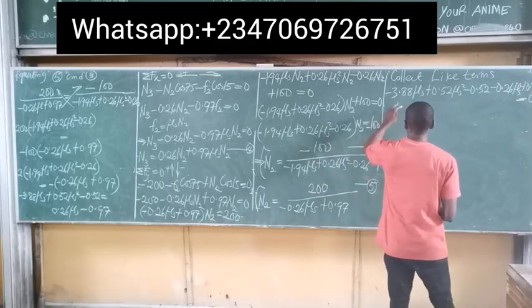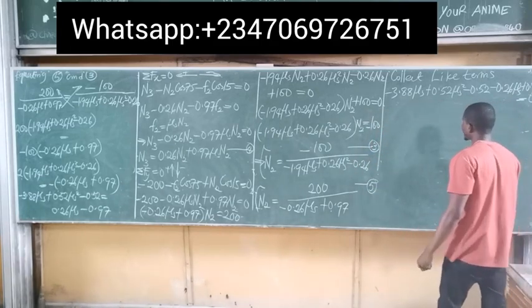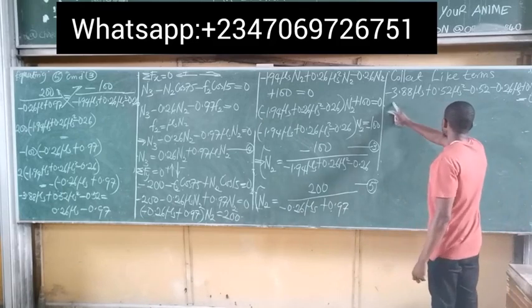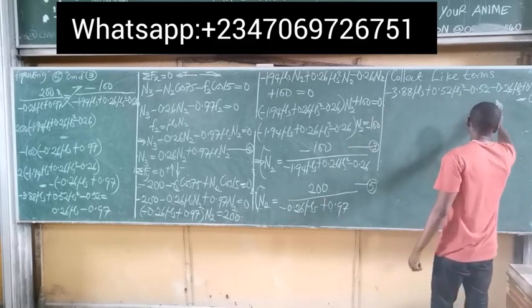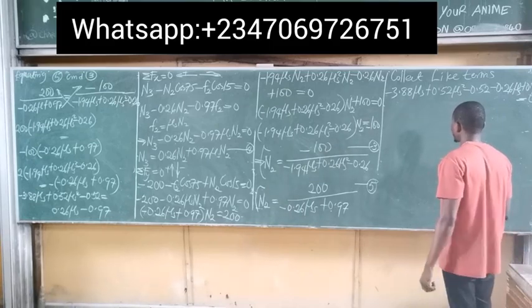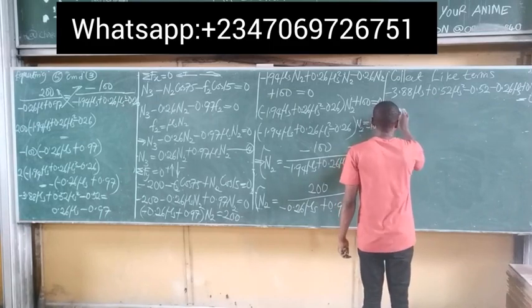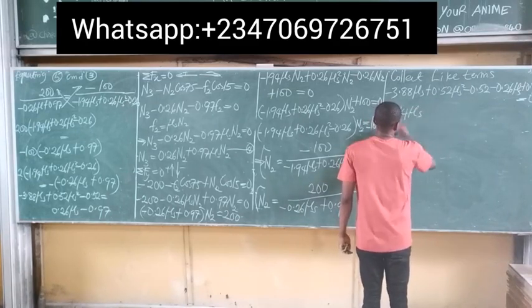Okay, so I have minus 3.88 mu x minus 0.26 mu x. Simply minus 3.88 minus 0.26 gives minus 4.14 mu x.